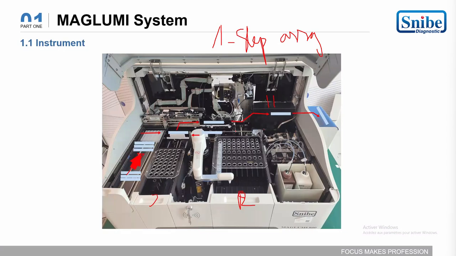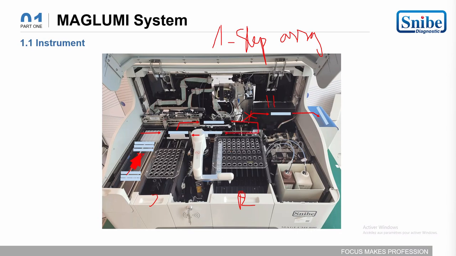Some other parameters use a two-step assay procedure. In this case, after the wash finishes, the cuvette will not be sent to the chamber for measurement. It will be sent back to the pipetting position to add another reagent, a second pipetting.